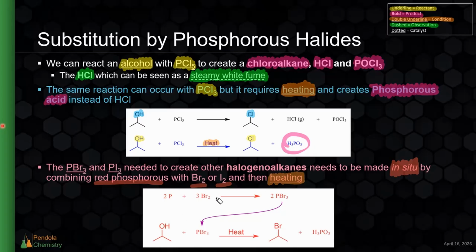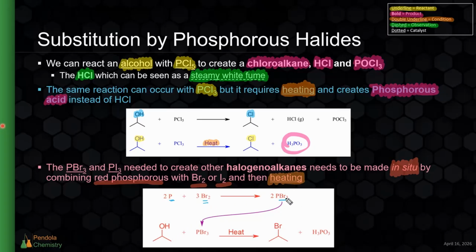So we have a two-step reaction here. We have our phosphorus reacting with either bromine or iodine, depending on what we're trying to make. And what that does, it creates PBr3. PBr3, or PI3 if we're using iodine, are not stable on their own. And so they need to be made in situ so they can react quickly with the alcohol before they decompose.